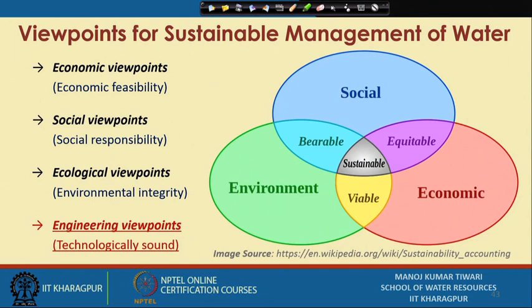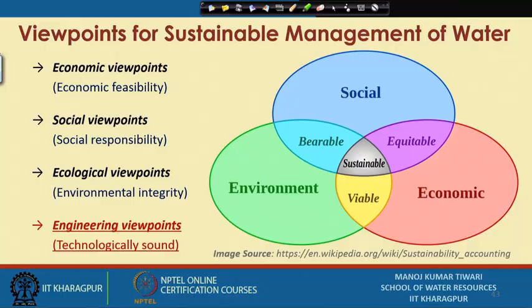So, that is another essential pillar of sustainable systems: how efficient or how sound the technology is that you are using, in terms of various aspects. Multiple technologies could be available, starting from water abstraction to water treatment, to distribution and supply, to resource generation, if you want to go for groundwater recharge or put water back into the system.